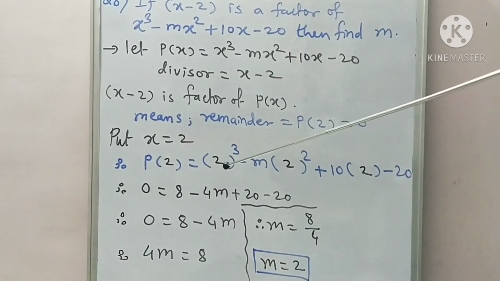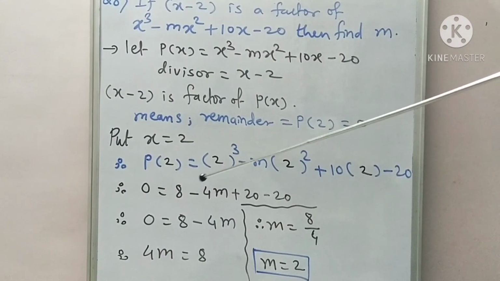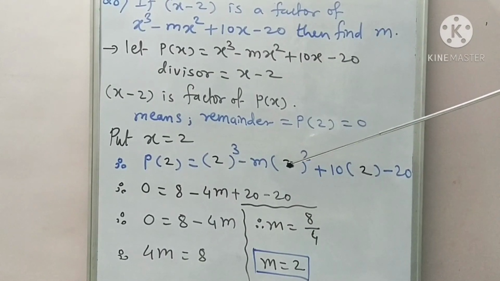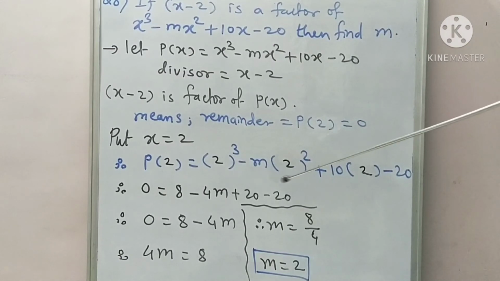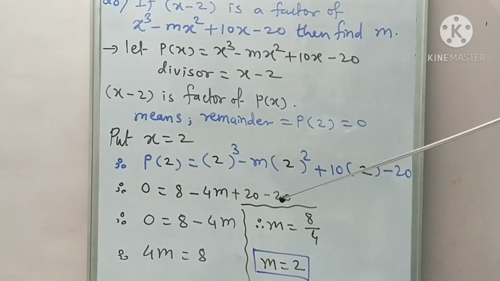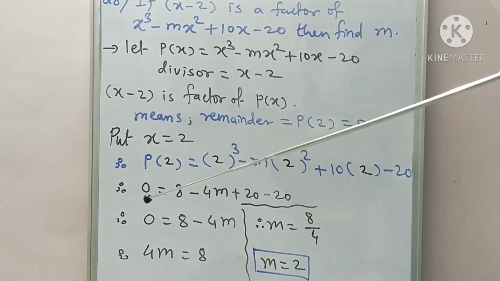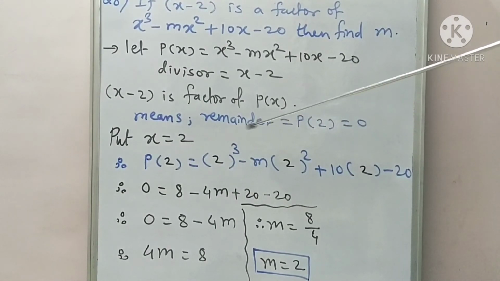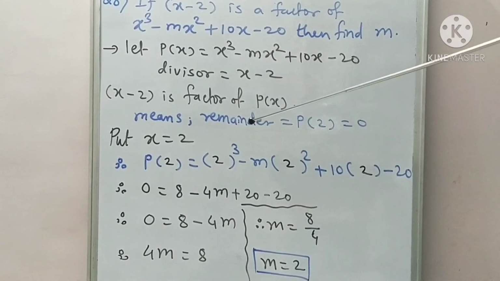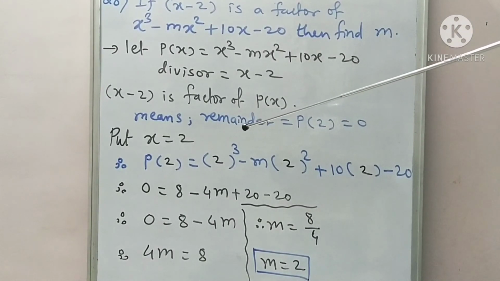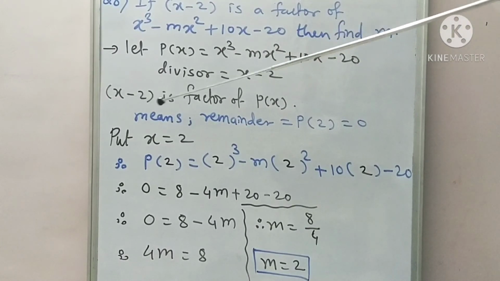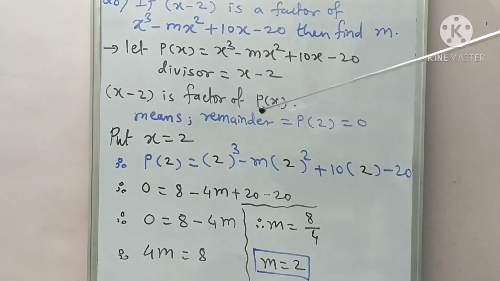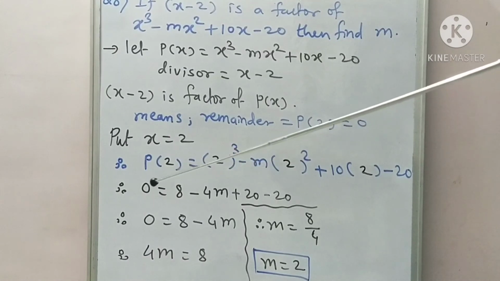As we simplify, cube of 2 is 8, square of 2 is 4, so it's minus 4m, 10 twos are 20, plus 20, and the constant is minus 20. On the left side we take p of 2 as 0, because according to the factor theorem we get the remainder, and if the polynomial is a factor of p of x, the remainder is 0.